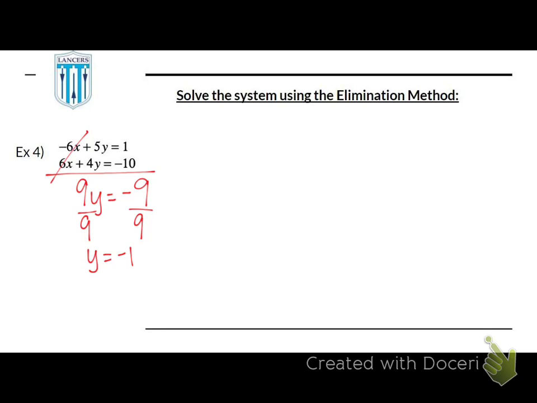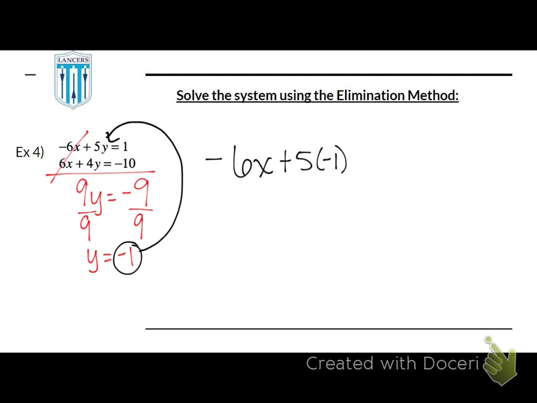Okay, plug it back in. Again, your choice. Are you going to use the top or the bottom equation? Top. Sure. I like using the top. It really doesn't matter. You've got to plug it in, and then you've got to simplify.